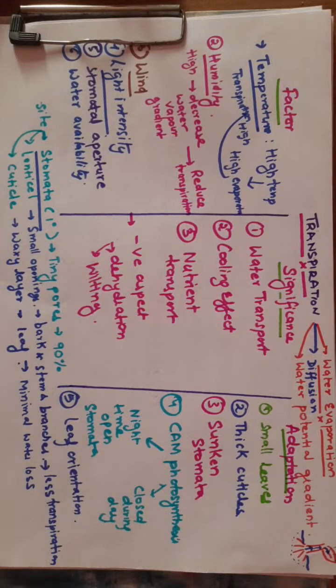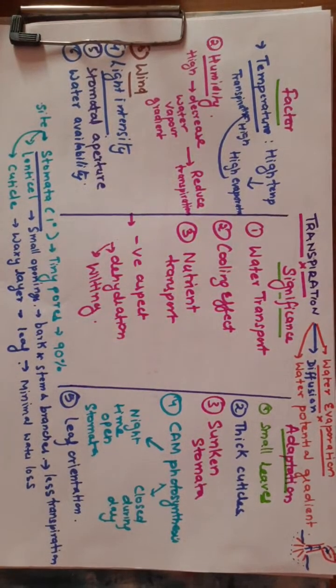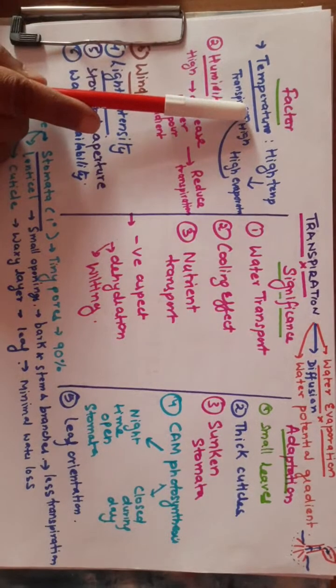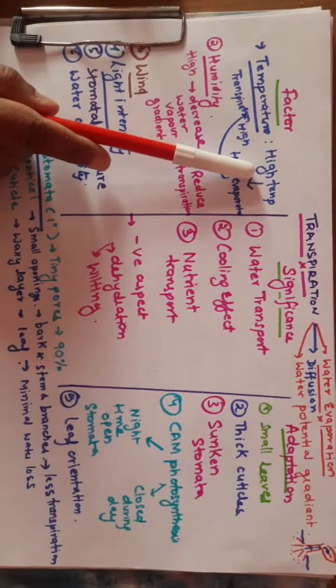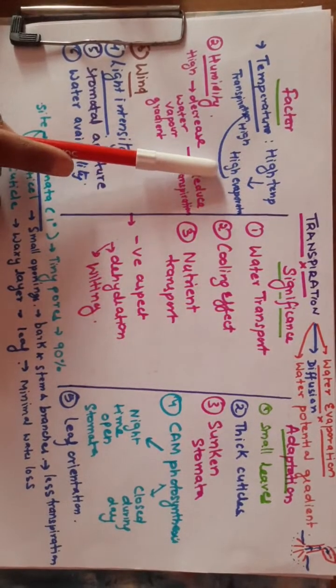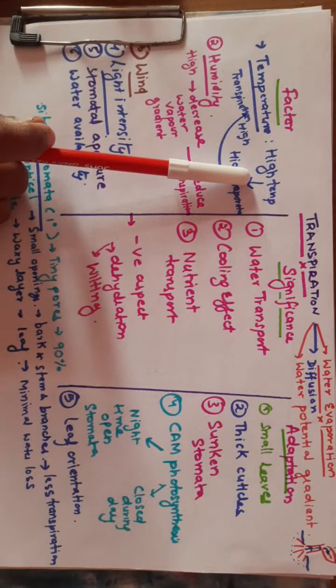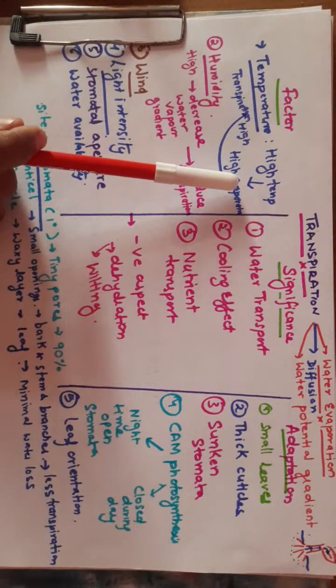So now let's come to the topic: what are the factors that are affecting transpiration? The first factor is temperature. If there is high temperature, then there will obviously be high evaporation.